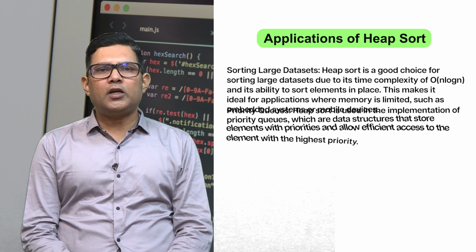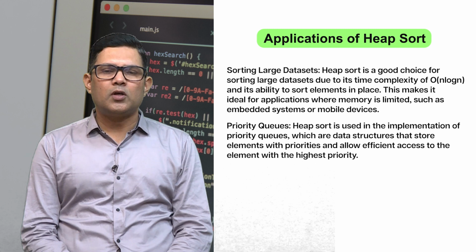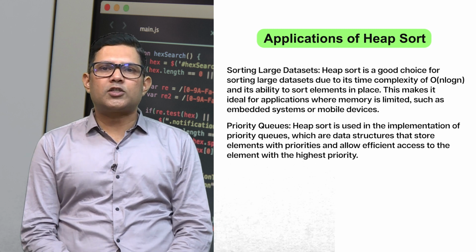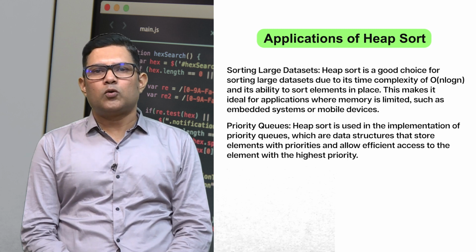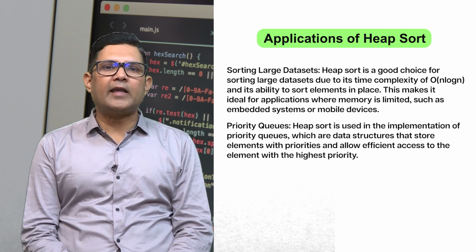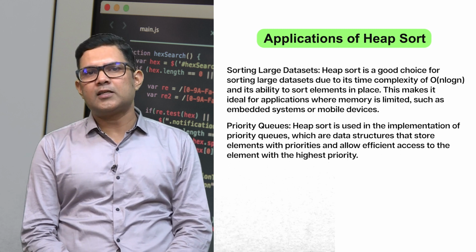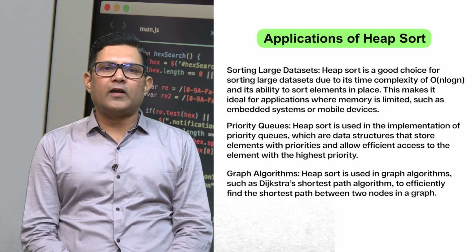Priority queues: heap sort is used in the implementation of priority queues, which are data structures that store elements with priorities and allow efficient access to the element with the highest priority. Whenever we design a priority queue, we can apply the heap sort algorithm. Next is graph algorithms.